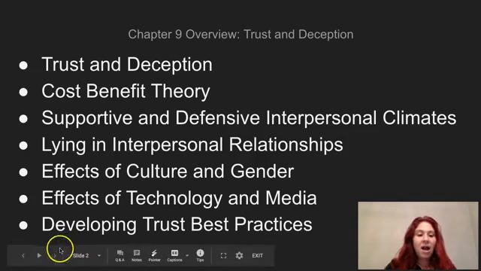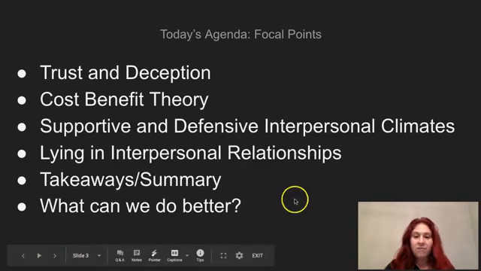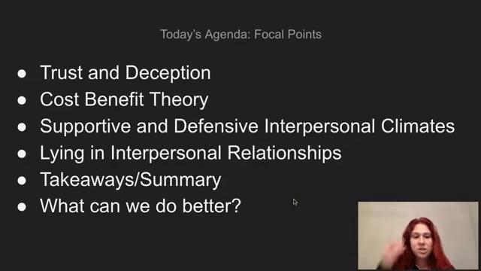Now, today, I'm only going to focus on a few focal points of the chapter, which I found interesting. So, we're going to go into trust. I am going to cover deception, but that will be a little later. Then we're going to go into the cost benefit theory. We're going to talk about the supportive and defensive interpersonal climates, and really cooperative and competitive communications and behaviors.